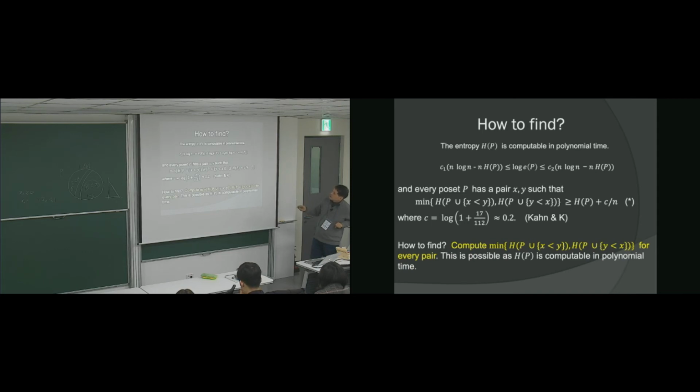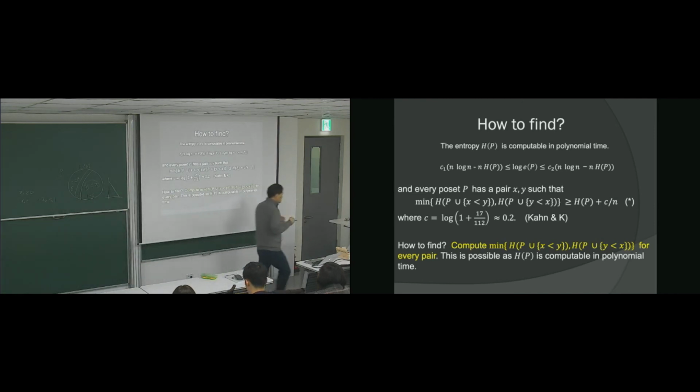So for every poset P there is a pair xy which increases entropy by c over n, regardless of the answer. It's almost the same argument as before. So we know we have a nice pair. The next question is how to find them.